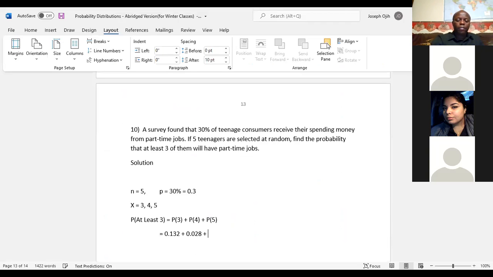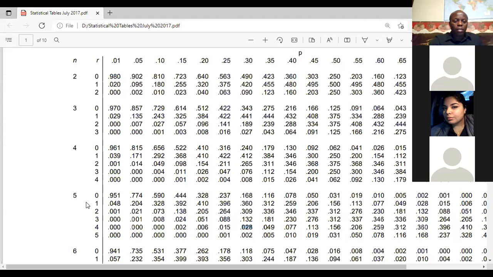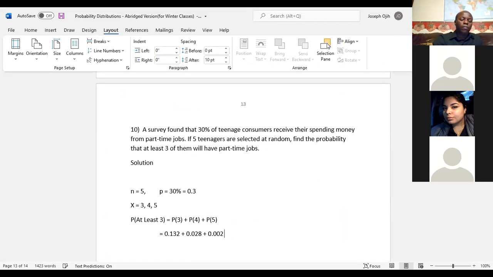And for 5, we can see it under 5 and under 0.3, right there: 0.002. See how fast it is. Instead of calculating one for 3, for 4, and then adding them, you just have the answers in the table, and we can get this right away.